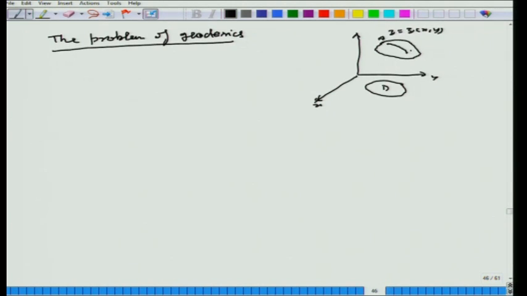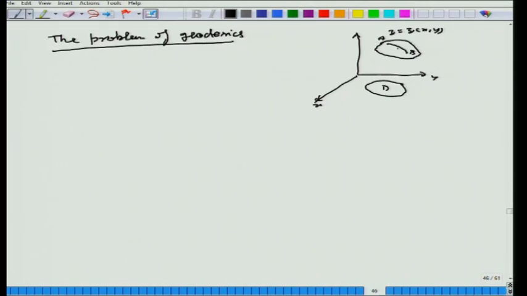So, there is a point A here, this point B, and this is the curve joining these 2 points. We want to find the curve which has minimal length, and this curve has to be on the surface. That means, if you take any neighboring curve, its length will be more than this one. Such curves are called geodesics.